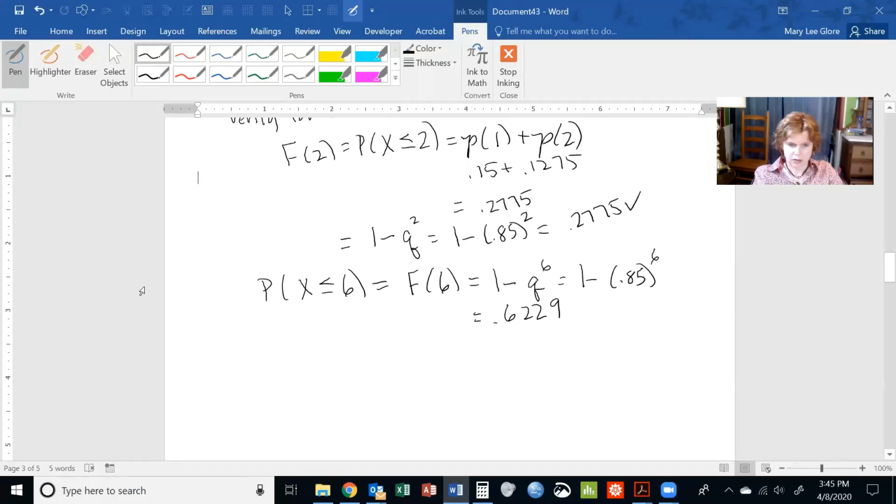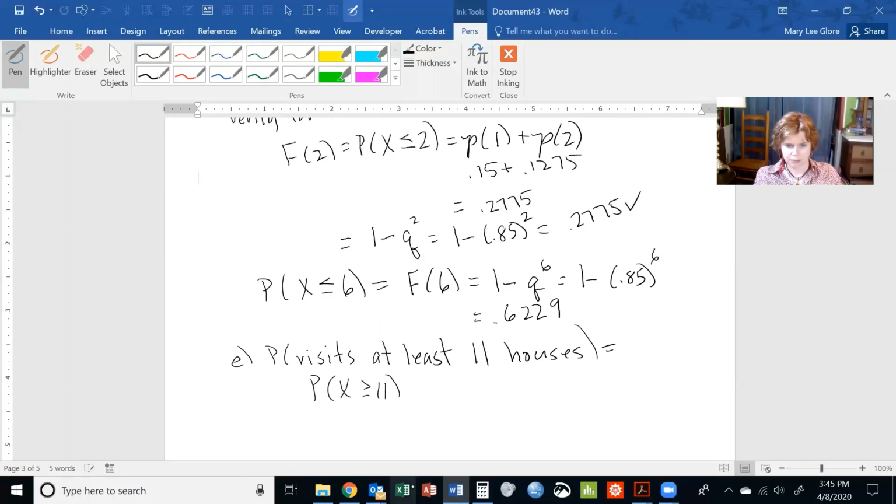All right, so let's answer another question. What's the probability that he visits at least 11 houses? So this is the probability that X is greater than or equal to 11. I have a rule for less than or equal to, but I don't have a rule for greater than or equal to.